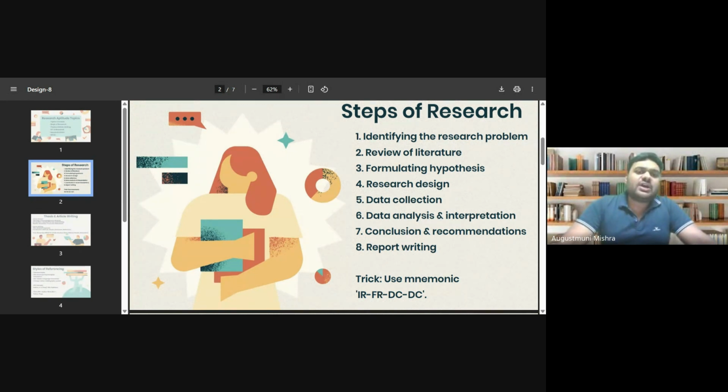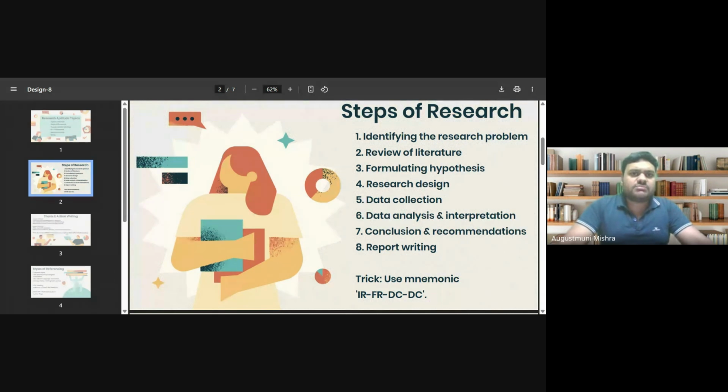Now we will come to what can be the methods of data collection. For data collection, you can use different sources, which I have already discussed, but what can be the methods? First method will be observation. What is observation? Everyone knows about it.